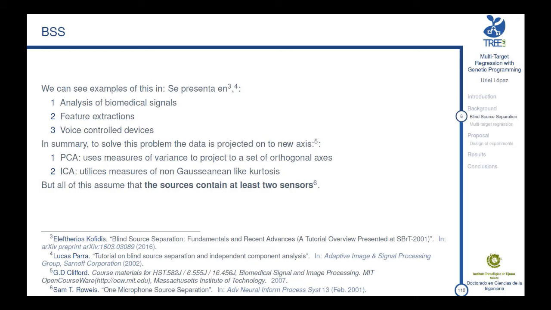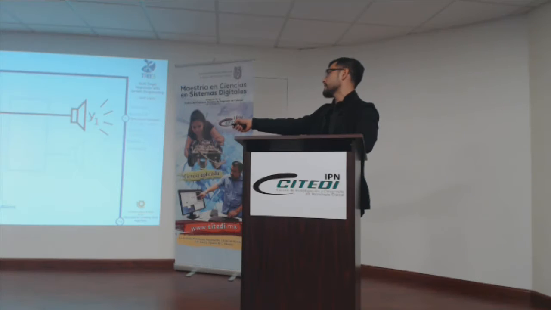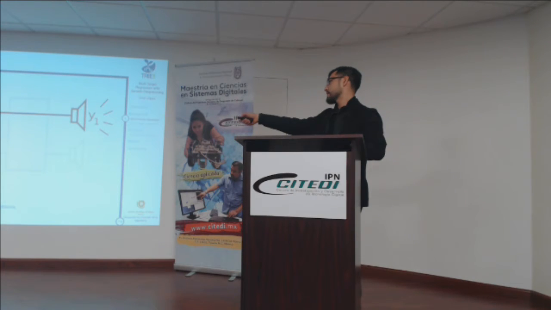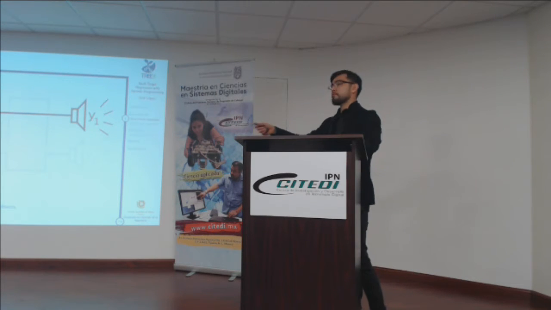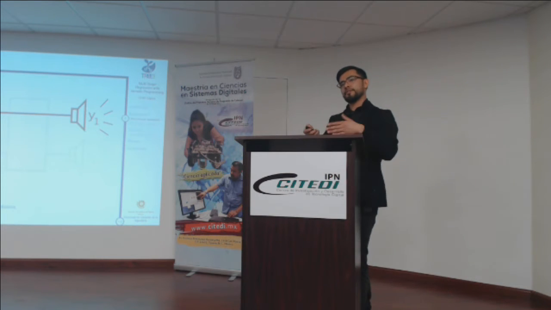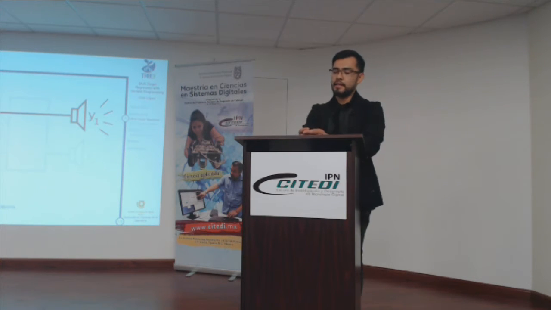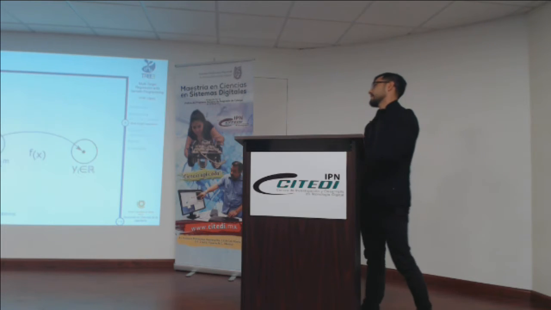But all of these methods assume that, in any case, we can adapt it and say that we have just one sensor for all the signals, and they don't mix. All the signals come in as they are and don't mix between them. They don't add up. So that's sort of how we can look at it as blind source separation, but it is not.